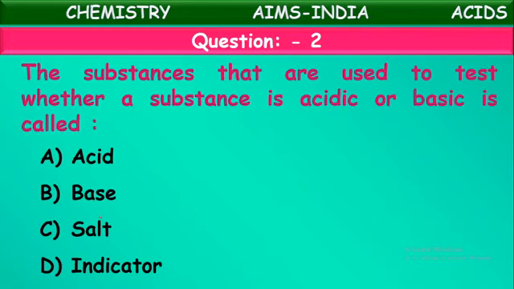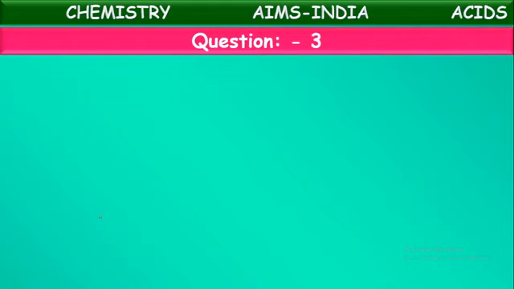The substances that are used to find whether the given substance is acidic or basic are called, yes, indicators. The substances which are used to identify the given substances as whether they are acids or bases are called indicators.